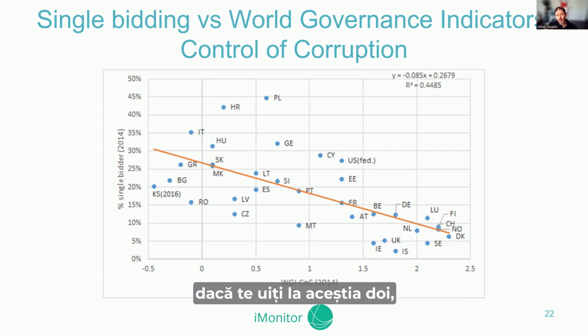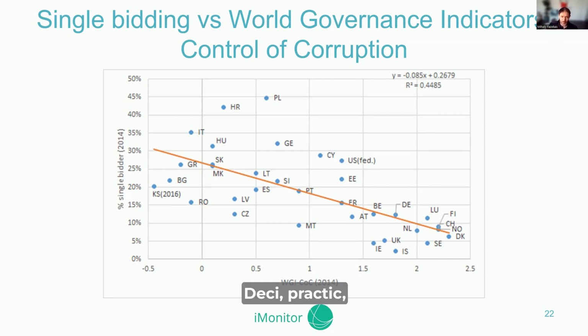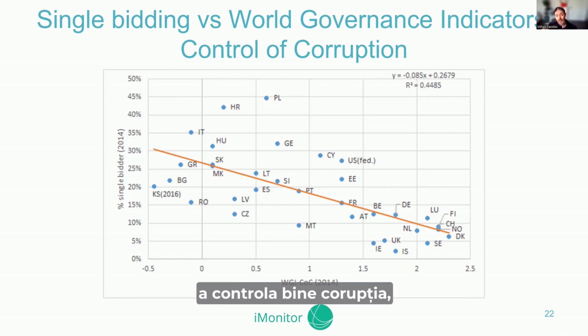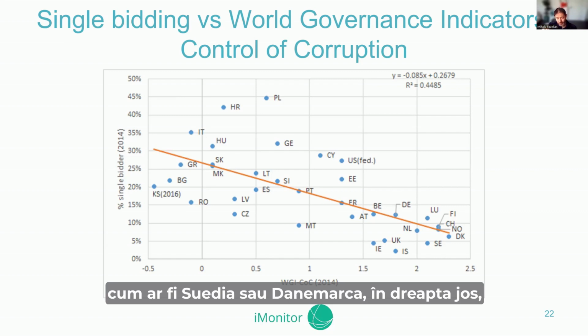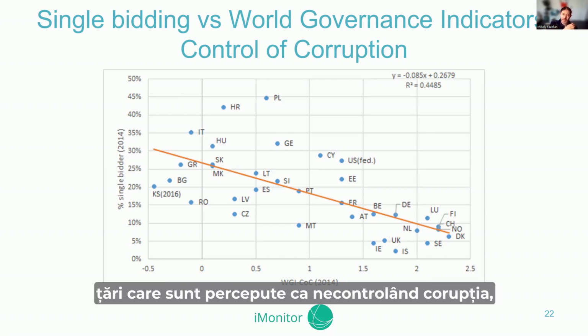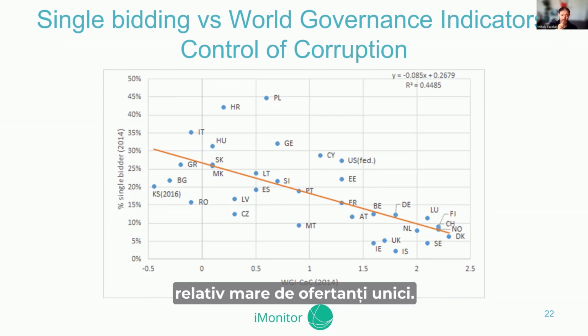If you look at these two, you see that the matching between the two indicators is relatively strong. The correlation is 0.45. So basically, when you have a country which is perceived to be controlling corruption well, such as Sweden or Denmark on the bottom right, the single bidding rate is very low. If you move to the left-hand side, countries which are perceived to be controlling corruption not that well, Bulgaria, Greece, Italy, Hungary, you see that these countries have a relatively high single bidding rate.